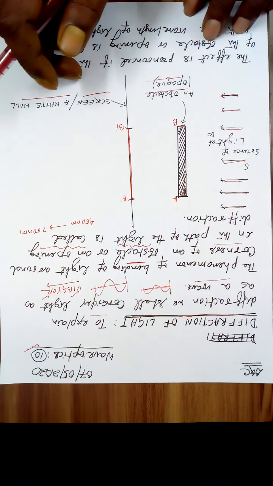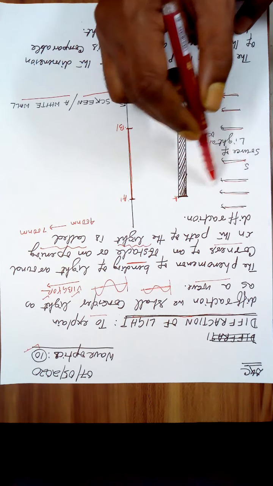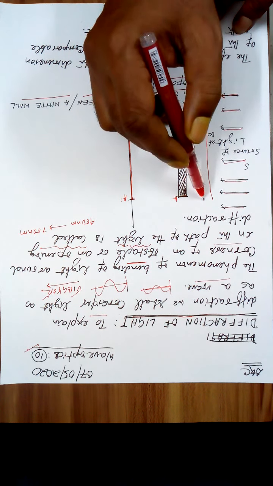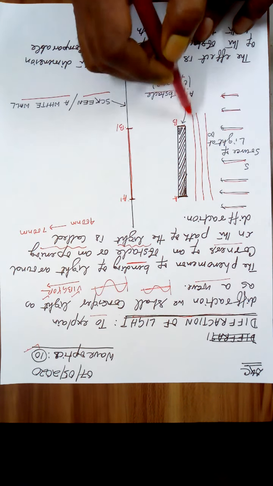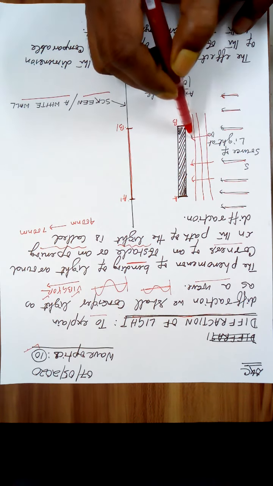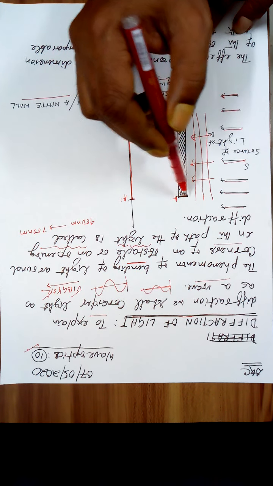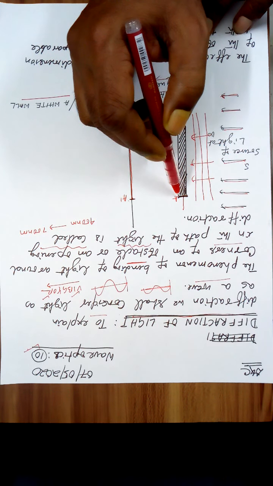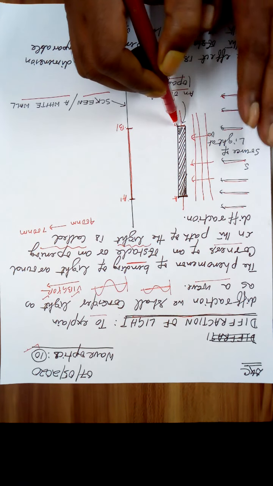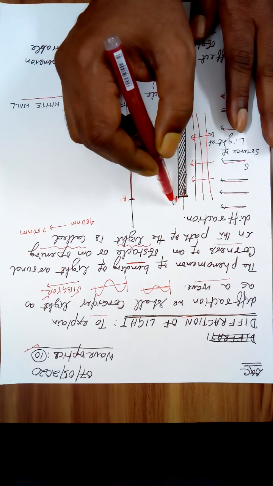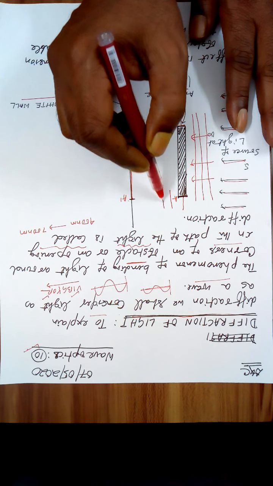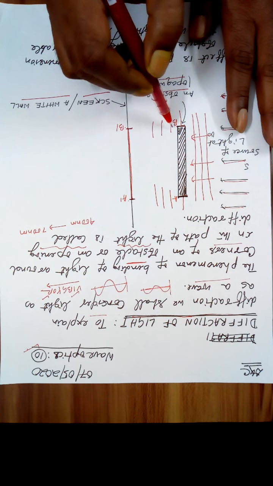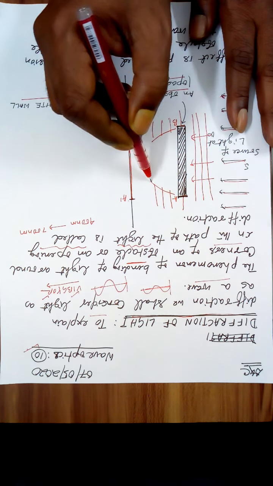But due to this phenomenon, the diffraction of light, as these light waves approach this obstacle, at this sharp edge, here and here, if the edges are very sharp, the light waves will bend.